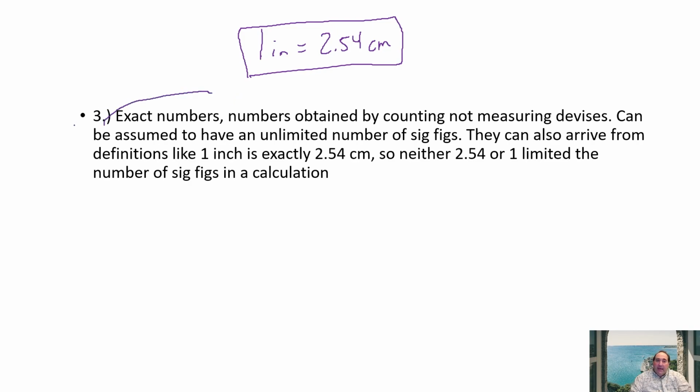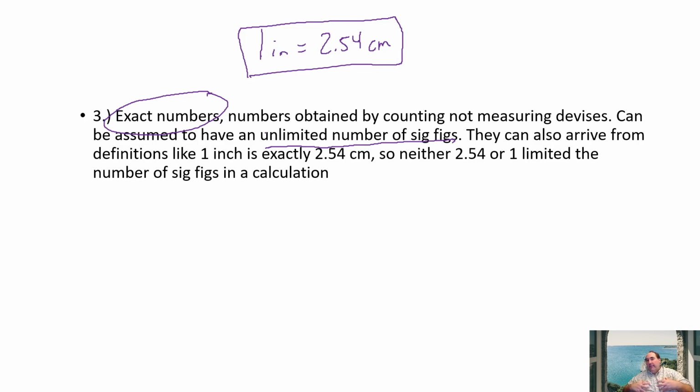So what is the deal with exact numbers? Exact numbers can have an unlimited number of significant figures, which means they could have as many as you want, because they're exact. Typically in calculations, as we'll talk about, we look at the significant figures of everybody that's involved in the calculation.